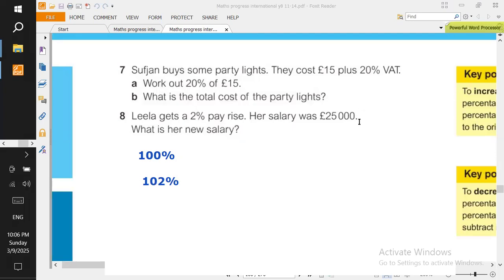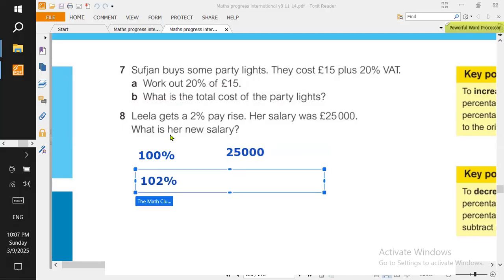Now, her salary was 25,000. This means that this one is the original one. So the original one should be in front of the 100%. So here we have 25,000. Now I'm looking for what?